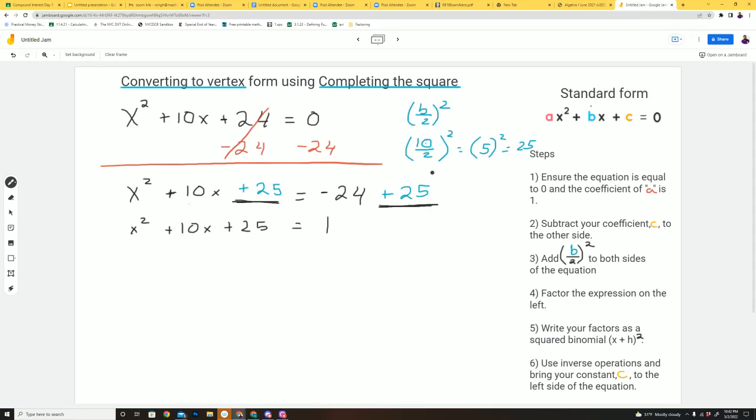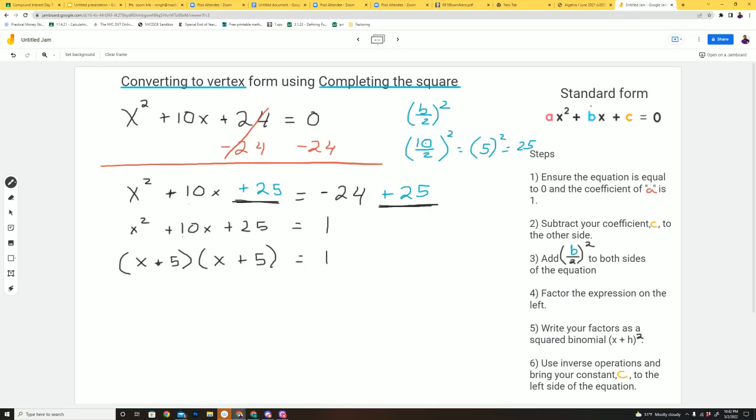It's usually whatever b over 2 is. So we have x plus 5 times x plus 5 equals 1. Remember, 5 plus 5 is 10, and 5 times 5 is 25.